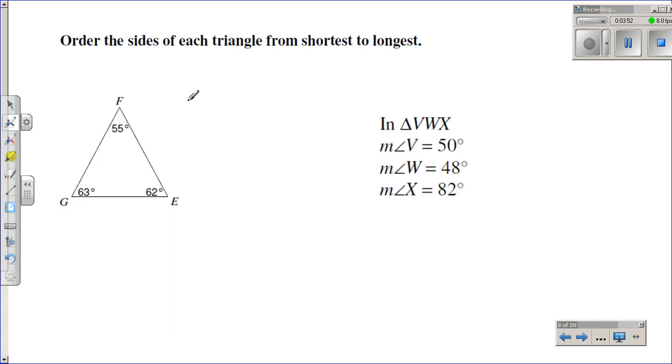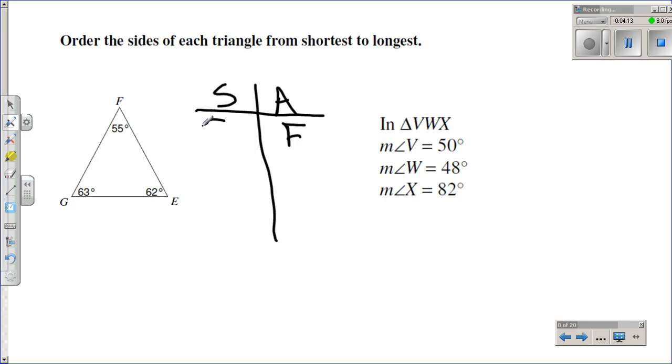How about this one? It says order the sides. This time it's a little different, but you still have the same chart. This time it gives us the angles and it asks for the sides. It's wanting from shortest to longest, so I look for the smallest angle, which is 55. That's F. What letters are missing?